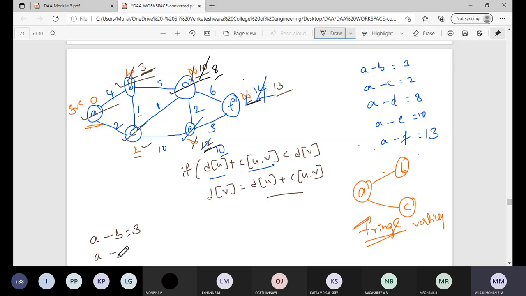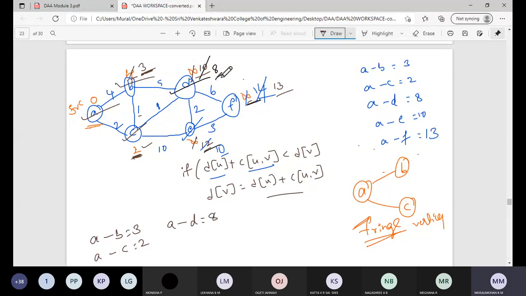Similarly, what is A to C we are having? A to C is 2, right? Similarly, A to D, what is the shortest path value? What is the shortest path value we are having? 8. 8, right?